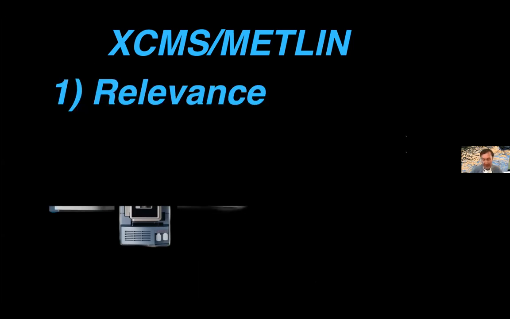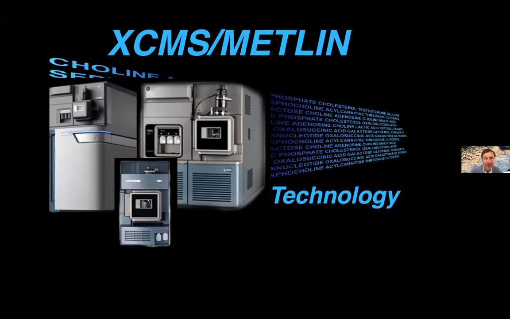So back to the relevance. We have these technologies, but we're also very interested in making sure that the technologies we develop are useful for the individuals doing biology. We're not simply developing the technologies for the sake of developing them. Our ultimate hope is that we're creating things that can be useful across the community.